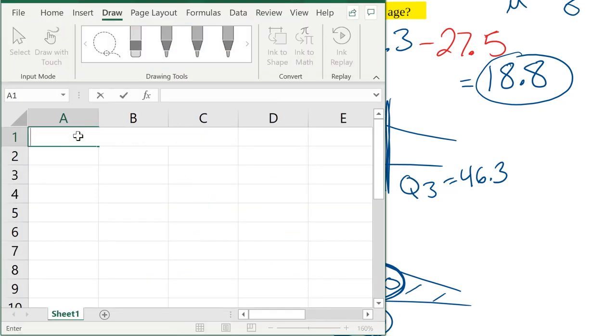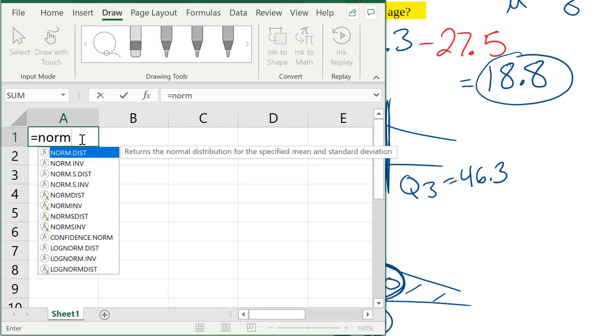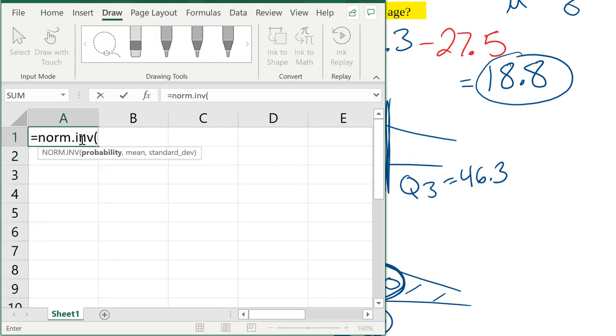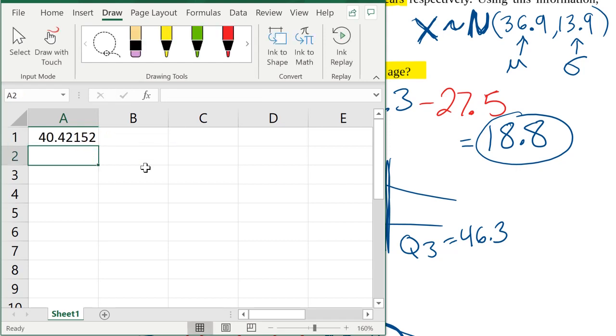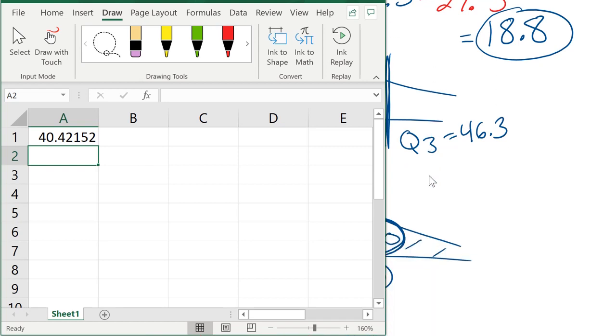Let me delete what I have there. Type in NORM.INV. Remember, the probability here is the probability to the left. So that's 0.6. The mean is 36.9. Standard deviation is 13.9. Close parentheses and press enter. 40.42, or if I round that to one decimal place, 40.4.